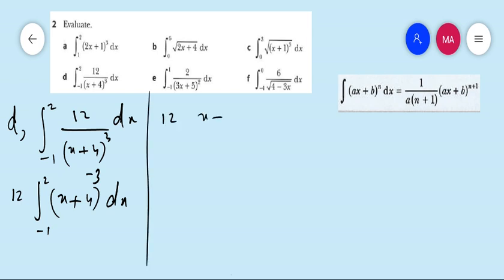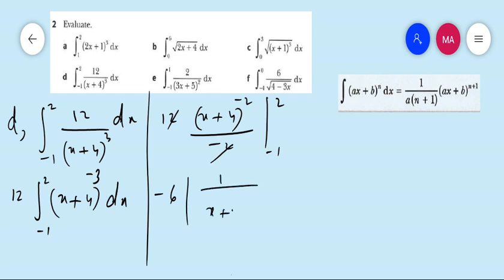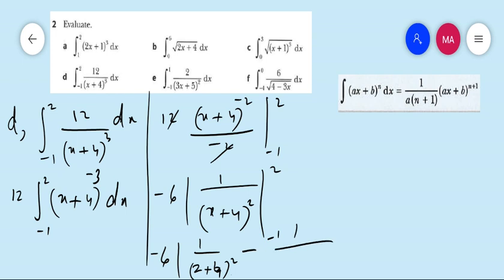Integration is very easy. 12, (x plus 4) minus 3 plus 1 is minus 2 upon minus 2, and the limit from minus 1 to 2. 2 6 are 12, minus 6, and (x plus 4) minus 2 becomes 1 upon (x plus 4) square, and limit is minus 1 to 2. Apply the limit: minus 6, 1 upon (2 plus 4) square, minus 1 upon (minus 1 plus 4) whole square, close.